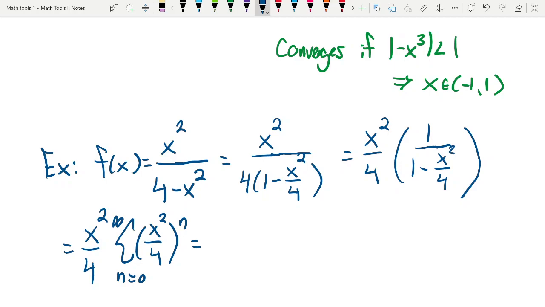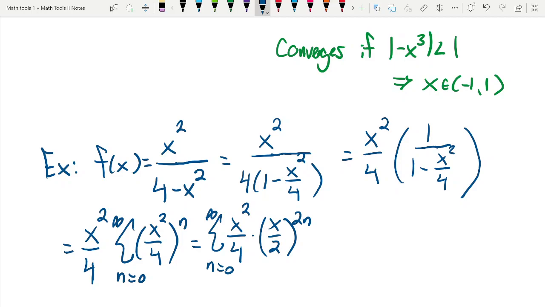And now if you want, you can make this a little simpler. 4 is actually 2 squared. So we can rewrite this. I'm going to bring the x squared over 4 on the outside inside here. And then this is going to be x over 2 to the 2n. Okay. So it looks pretty messy, but I mean, this works, right? We can write it as this. We are just basically using multiplication and all that.